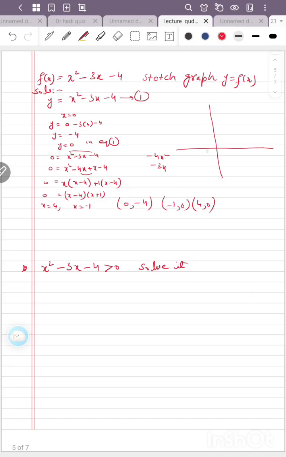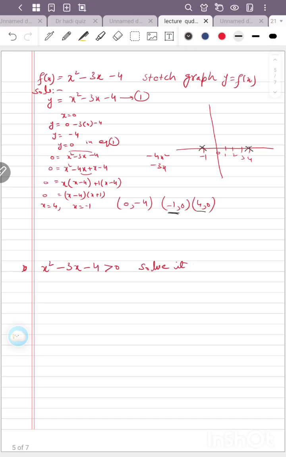Here we have the point 0, there is minus 1, and here is point 1 2 3 and 4, and first of all we have to put minus 1 and 0. This point is here. Second is x is 4 and y is 0. This point is here.